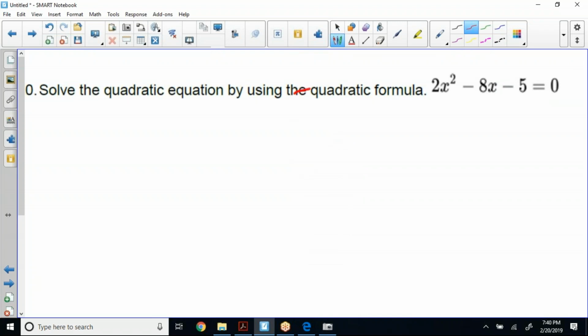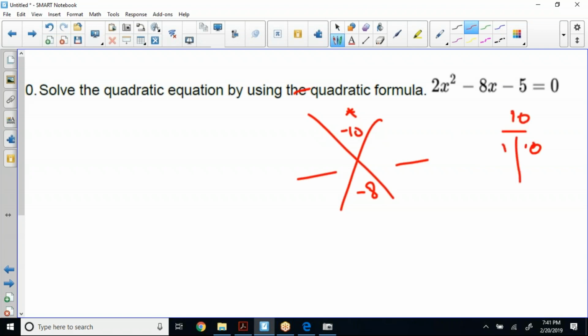And the reason I don't know is this. Let me do this. That is negative 10. And then it's got to be negative 8. So no. I can't find factors of negative 10. If I do 10, that's 1 and 10, 2 and 5. And I can't find the difference that's going to give me 8, right?